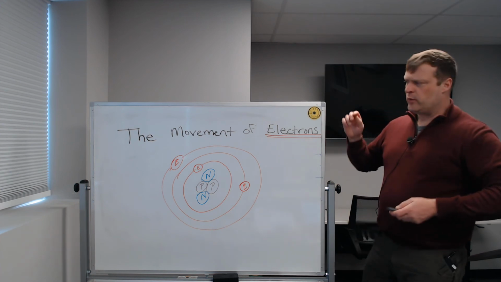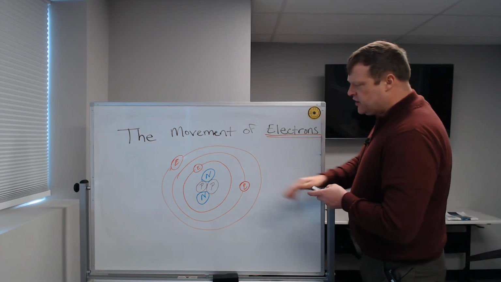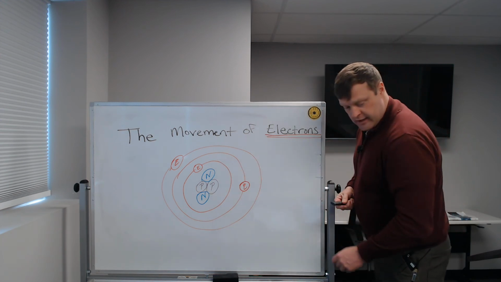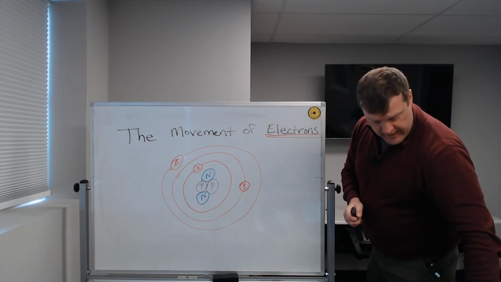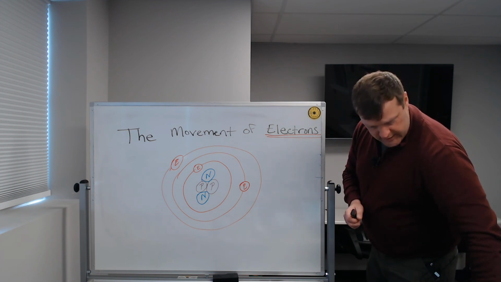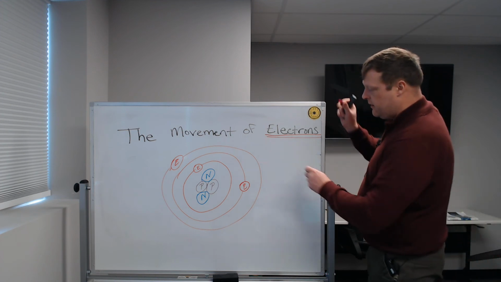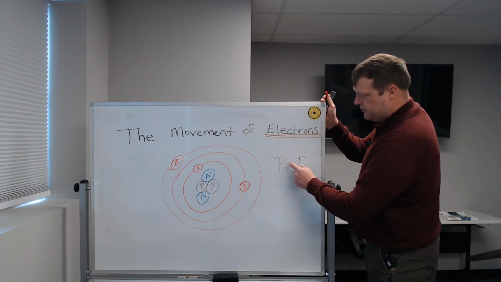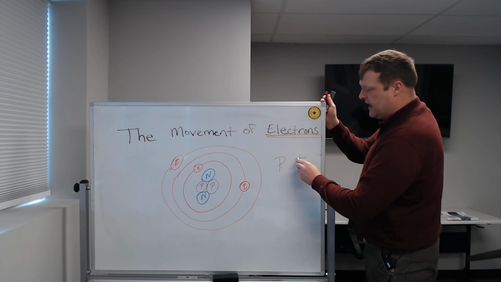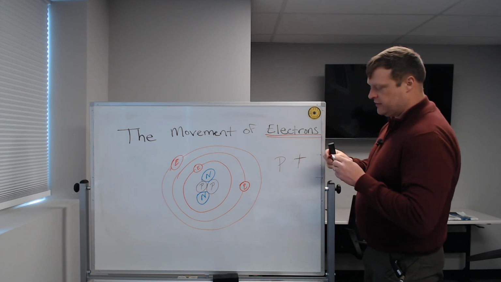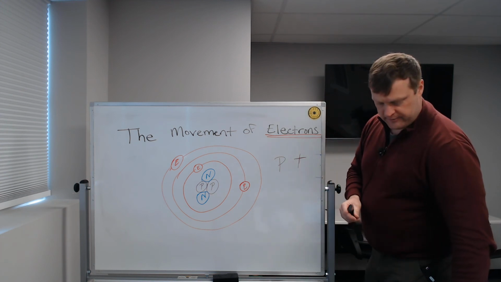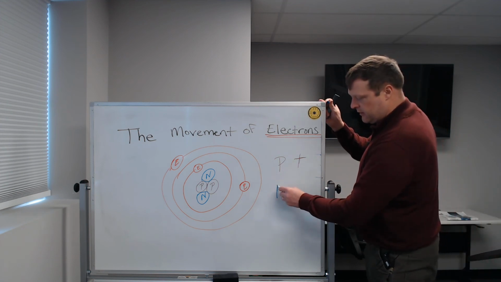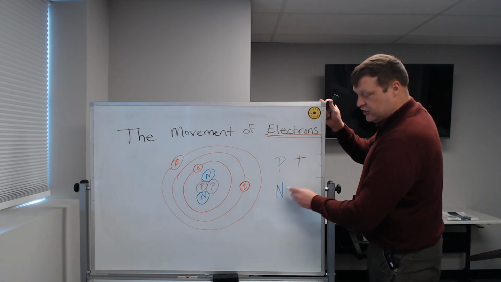I want to make sure that we understand too that each of these particles has a particular charge. I'll write it down here: protons have a positive charge, okay? And neutrons, they don't have a charge.